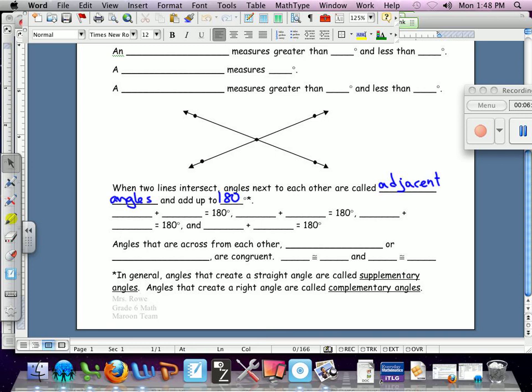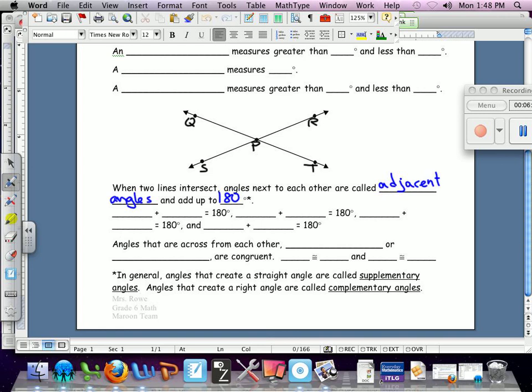For filling in the rest of these notes, we do need to label this diagram. So I put a P here, the point in the middle is our P, and then I put a Q and an R up here, and I put an S and a T down here. So, if I'm trying to find things that are next to each other, I kind of just work my way around the diagram.